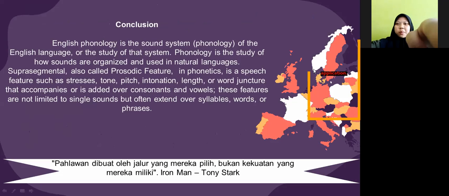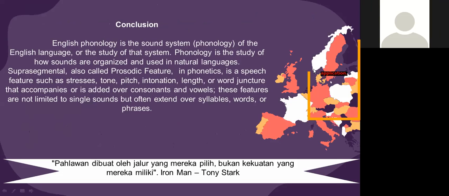So, guys, this is the part about the conclusion. English phonology is the sound system of the English language, or the study of that system. Phonology is the study of how sounds are organized and used in natural languages. Suprasegmental is also called prosodic feature.